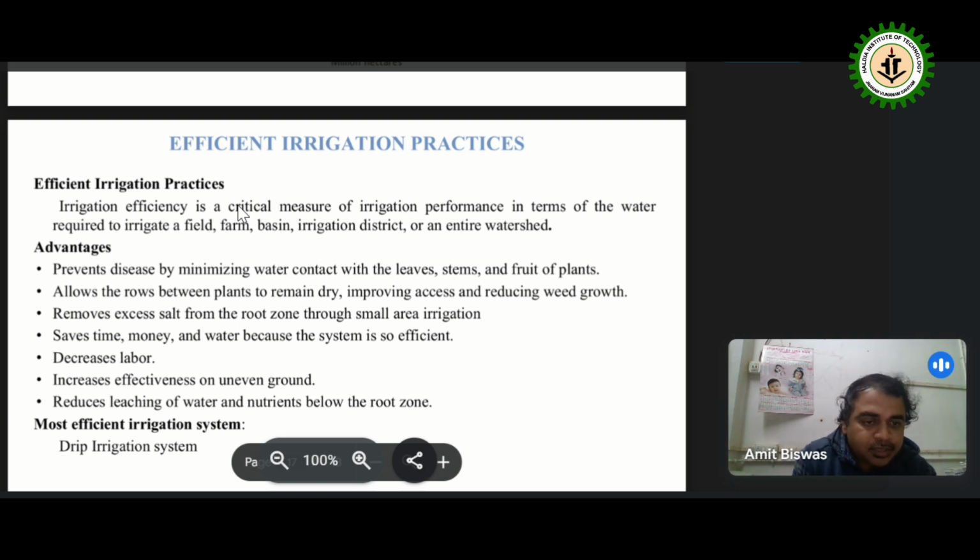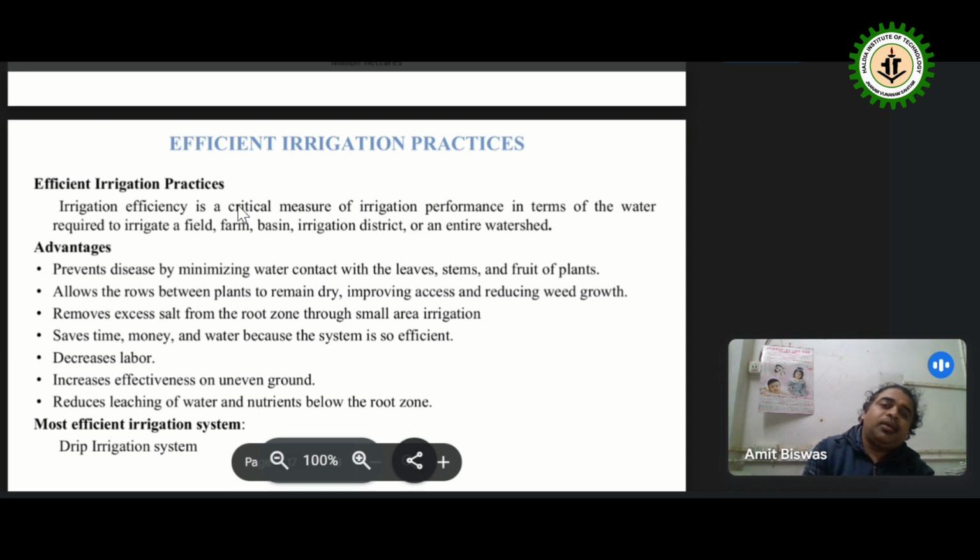Some subsurface irrigation and some micro irrigation, like drip irrigation and sprinkler irrigation, are also practiced. So many irrigation practices are followed for different agricultural crops in India and abroad, irrespective of any climatic condition, either dry condition, tropical climate, cold climate, whatever.